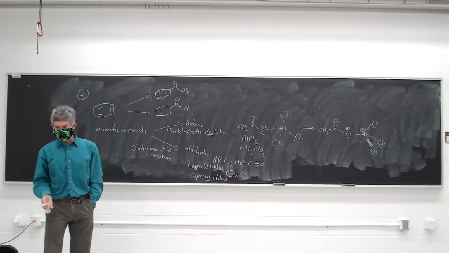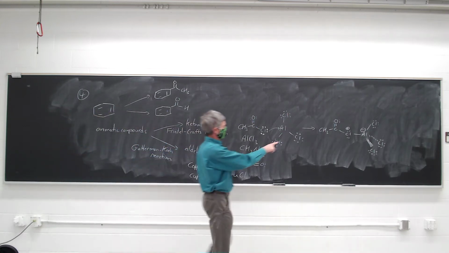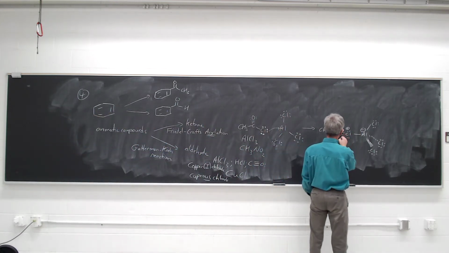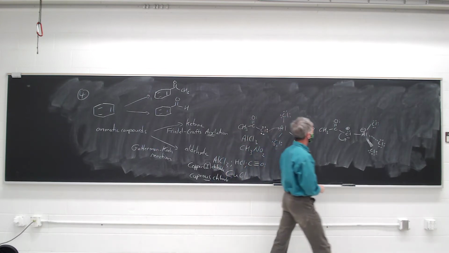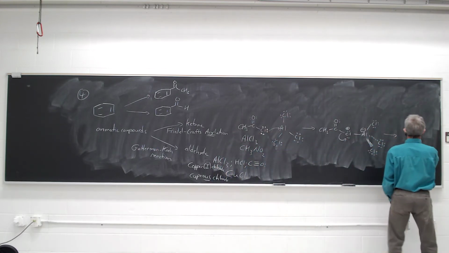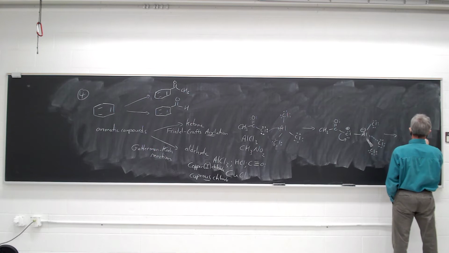That's not that stable, and tetrachloroaluminate is. So that can now spontaneously fall off, forming the tetrachloroaluminate ion.